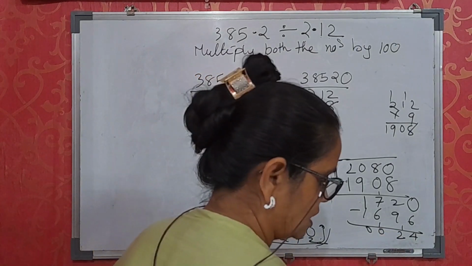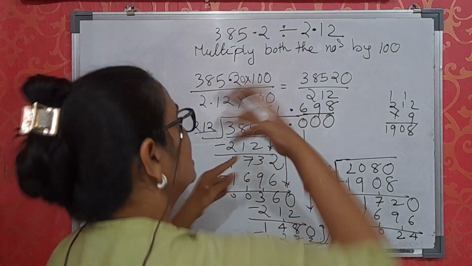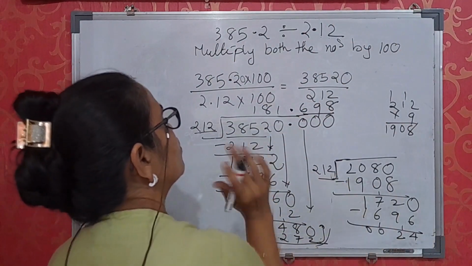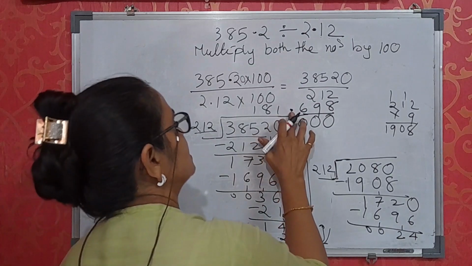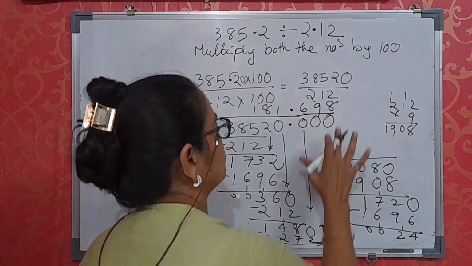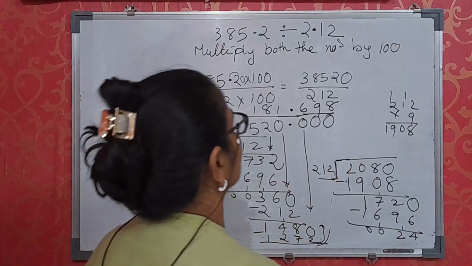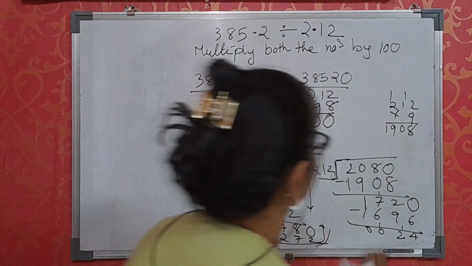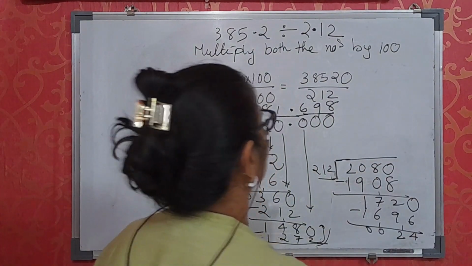So 24 is the remainder. Now it would go on infinitely. What I have told you is that after the decimal you can take only 2 places or at most 3 places, not more than that.